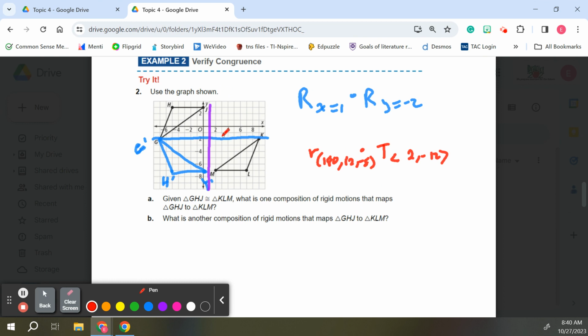And then I just found the center of it. Honestly, that's all I did. But like I said, you don't have to. If you rotated this about the origin and then translated it, you'd get the same thing. Does that make sense? Like I said, I went fancy. I don't have to, though. All right, questions on these.